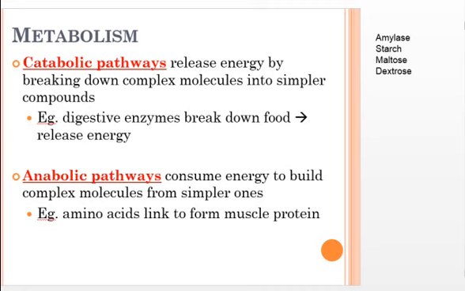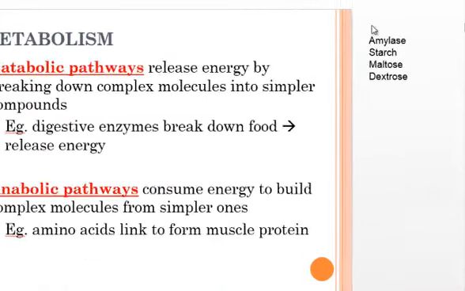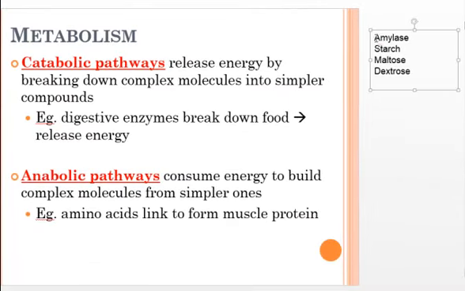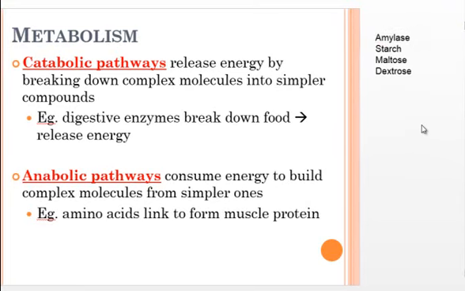A great example of a catabolic pathway is in the breakdown of carbohydrates. And so over here I typed some keywords for you. In your mouth, in your saliva, you will find an enzyme called amylase. And amylase is used to break down starch into smaller units called maltose and dextrose.